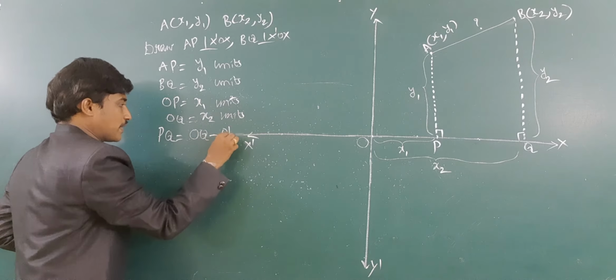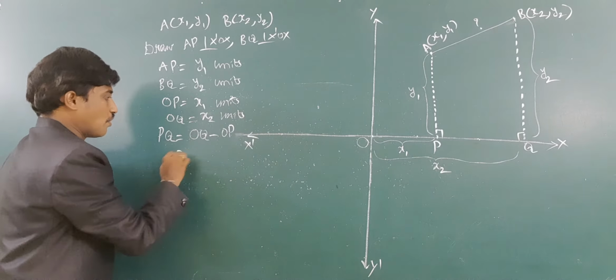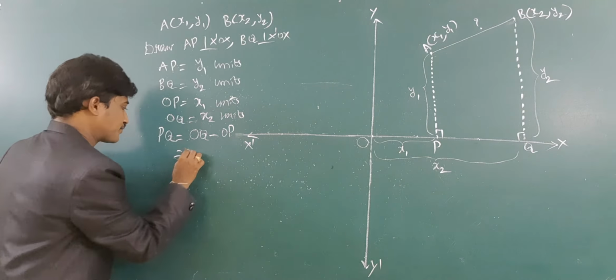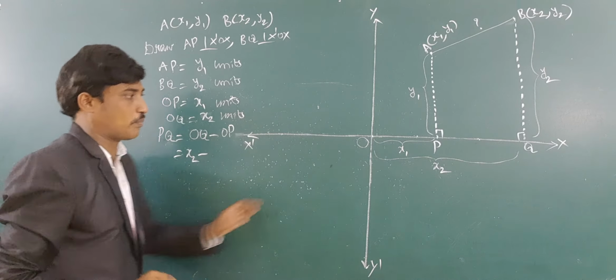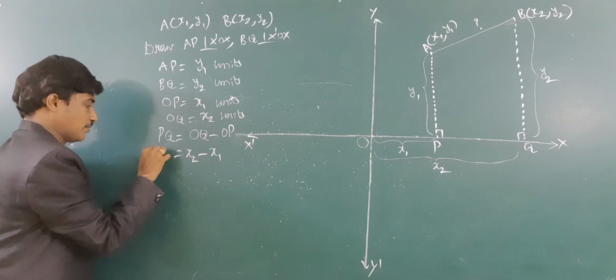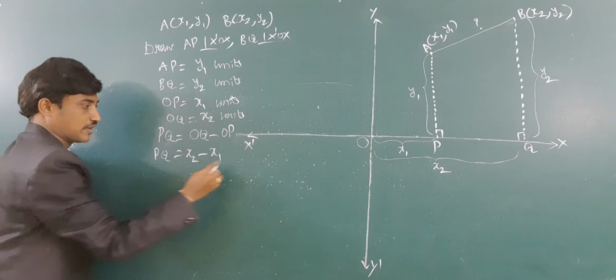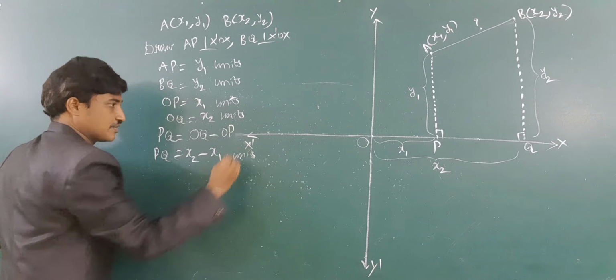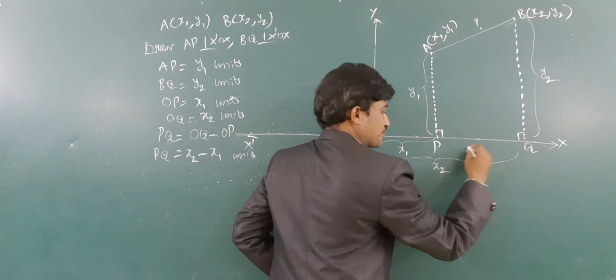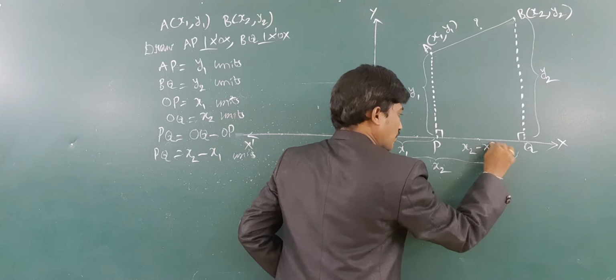OQ length is x2 units, minus OP length is x1 units. So PQ length is x2 minus x1 units.